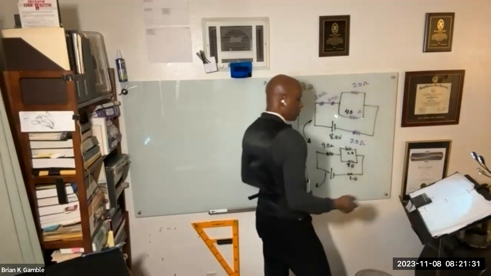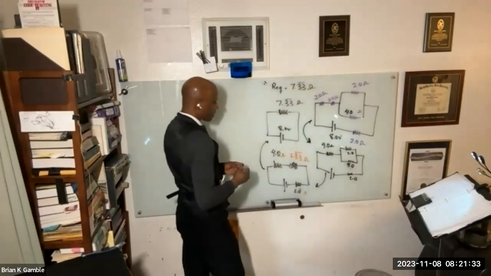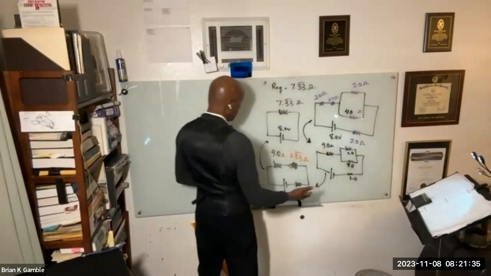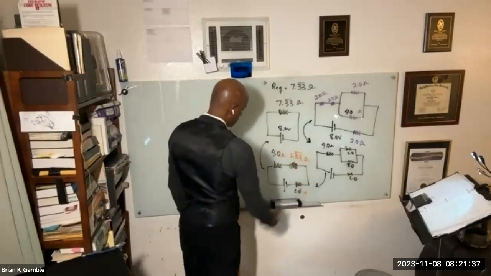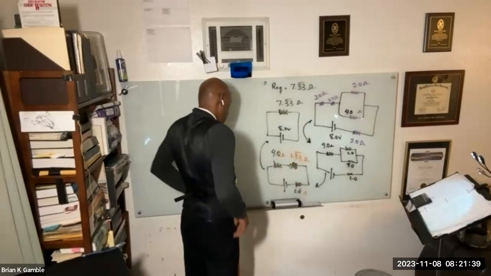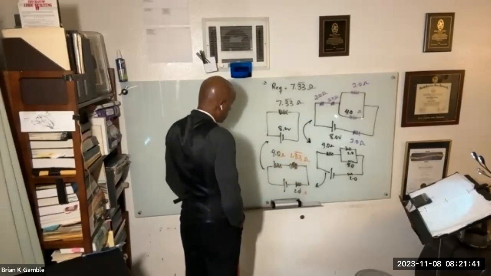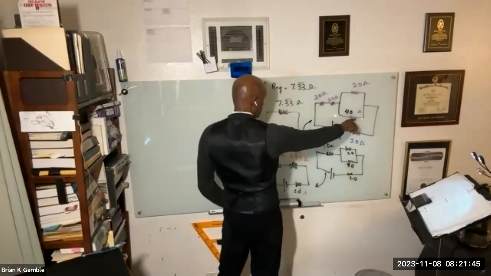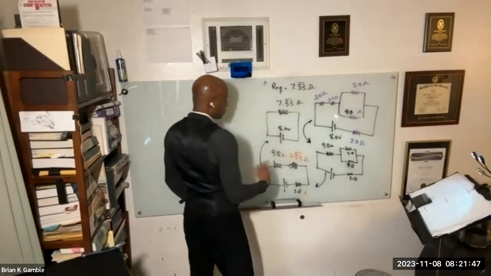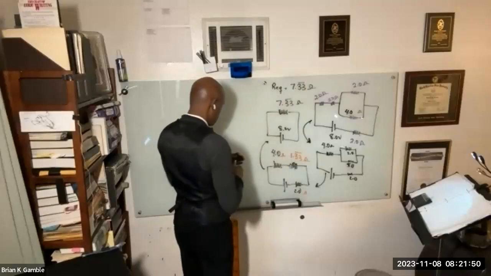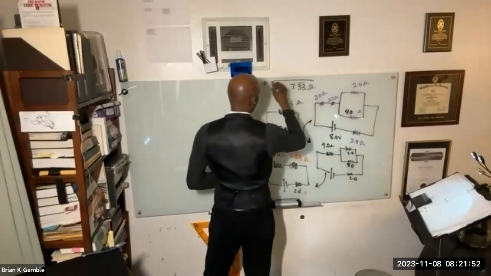That's what I have. In the notes, if this guy were actually 2, it would be 4 plus 1 plus 2, which is 7 ohms, so you can go from there. But I'm just going to stick with this.